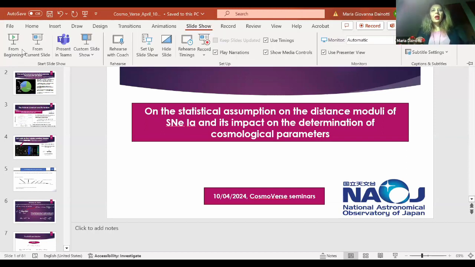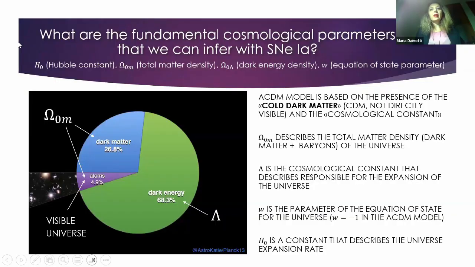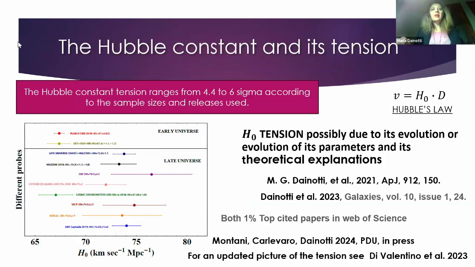So the first question that we would like to ask is what are the fundamental cosmological parameters that we can infer: the Hubble constant, the total matter density, the dark energy density, and the equation of state parameter. And of course, this is in the flat lambda CDM model, but we can extend this reasoning also to non-flat models and to models that allow the curvature not to be zero.